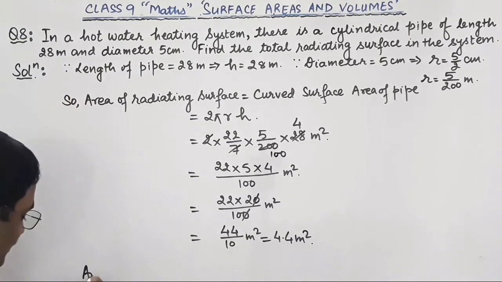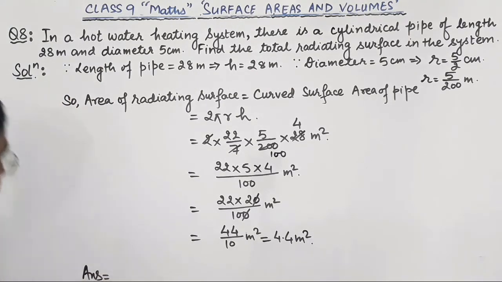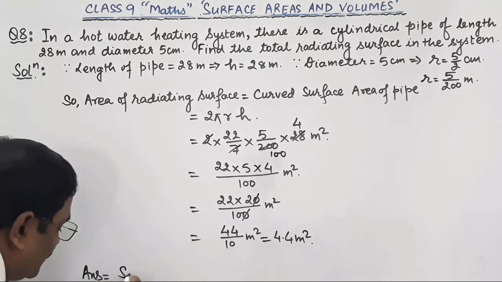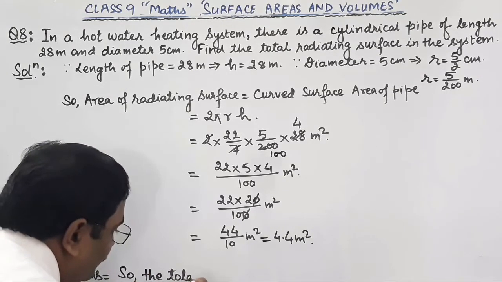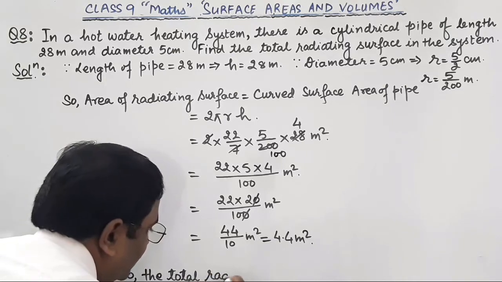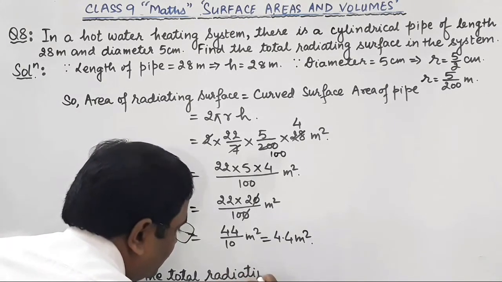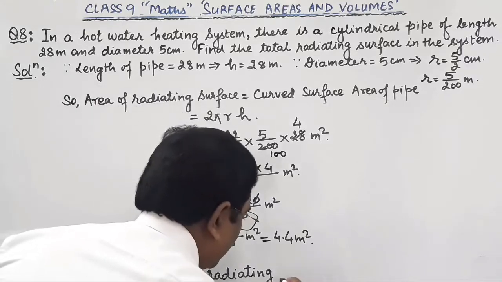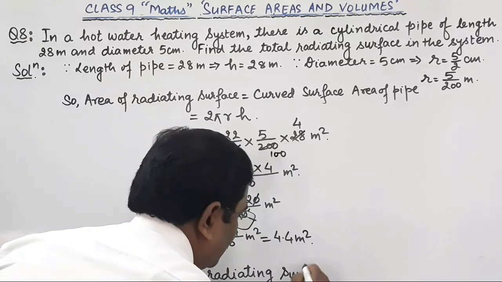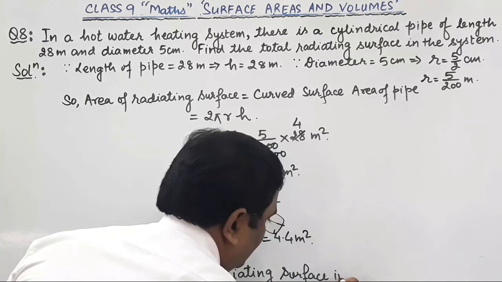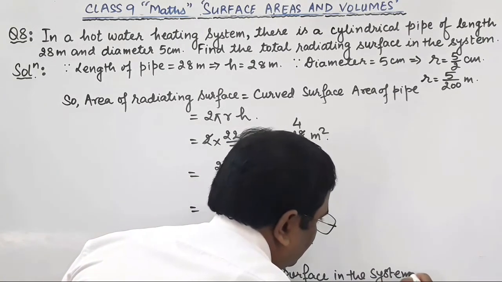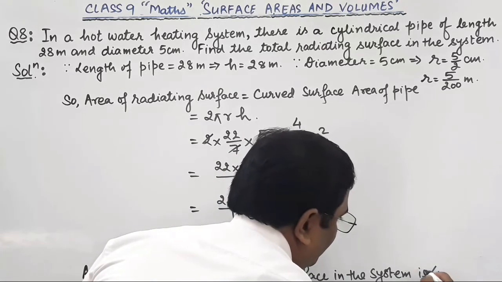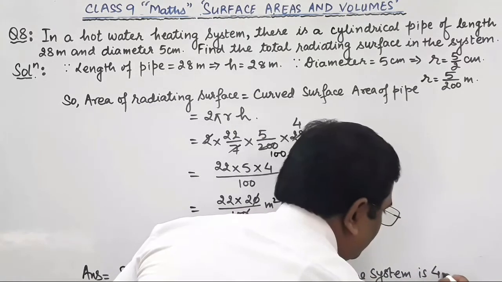So our answer is, the total radiating surface in the system is 4.4 meter square.